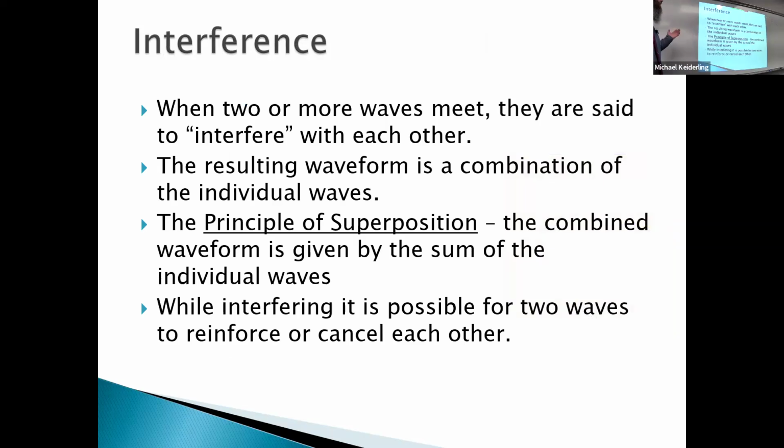And when two waves meet, they're said to interfere with each other. And the resulting waveform is a combination of the individual waves. When you combine diffraction with interference, you get those patterns I was showing. So the principle of superposition is that the combined waveform is given by the sum of the individual waves. And while interfering, it's possible for two waves to either reinforce or cancel each other out.